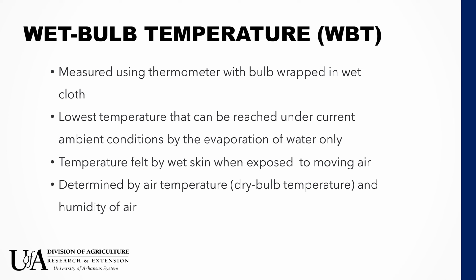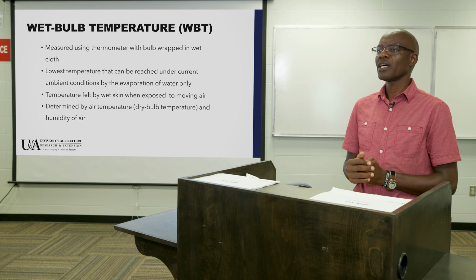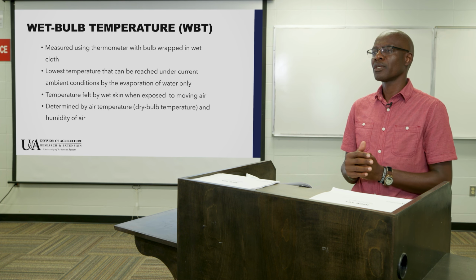The wet bulb temperature represents the lowest temperature that can be reached under the current ambient conditions by the evaporative cooling that happens on that wet cloth. This also represents the temperature typically felt by our wet skin when we are exposed to moving air. It is determined by the dry bulb temperature and the humidity.